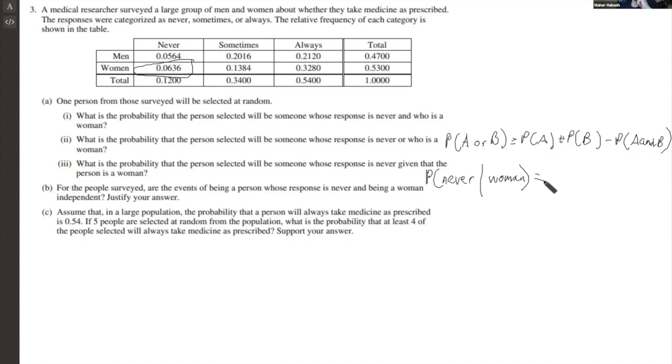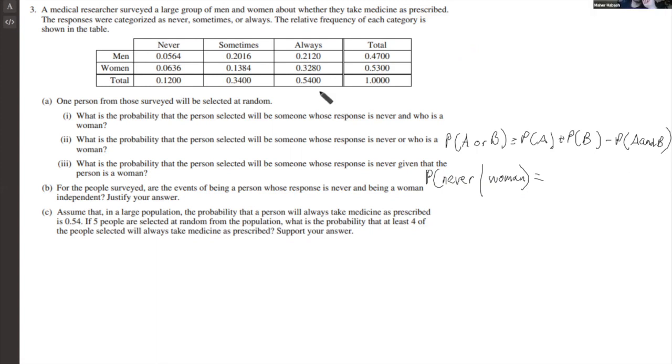Any ideas for that? Would it be 0.0636 divided by 0.53?